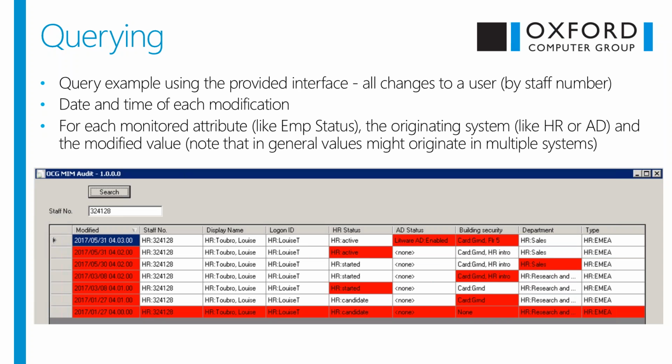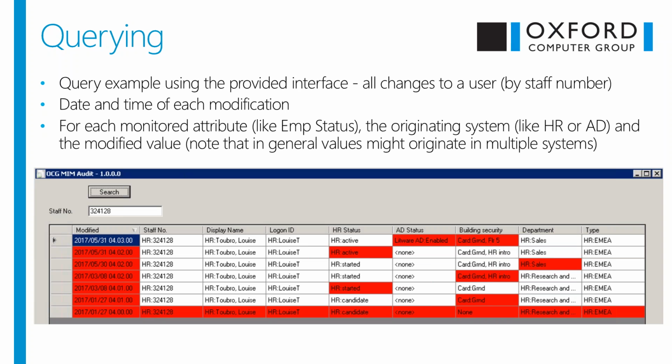We get the date and time of each modification, and for each monitored attribute, each attribute we've decided that we need to track, like employee status, for example. That might be status in the HR system, status in AD, status in some other system. For each of the attributes we decided to monitor, we get the modified value.